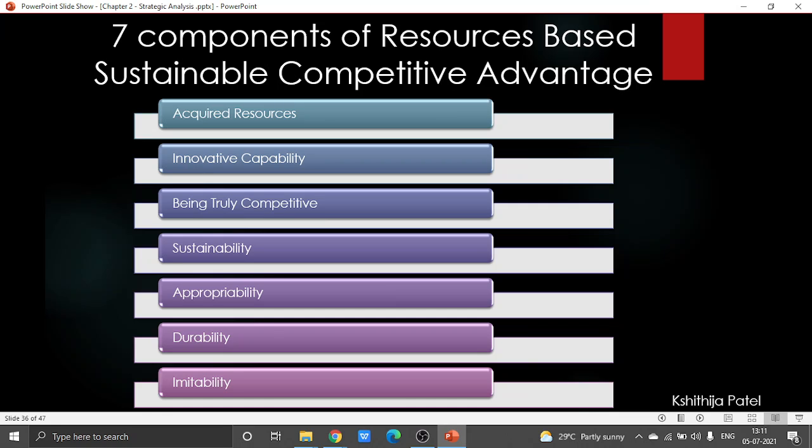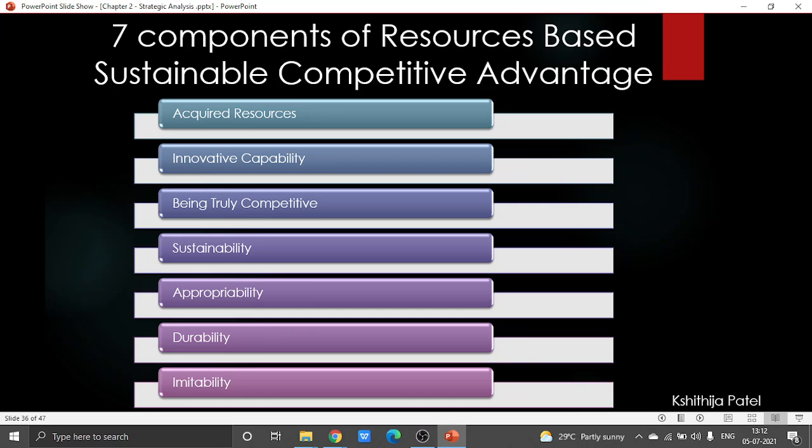In doing so, this resource-based view has seven key components, which help figure out what can possibly bring profitable resources for the organization.